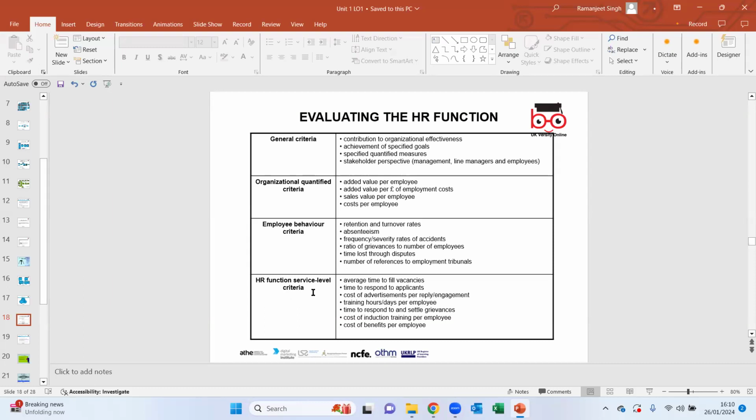And then they talk about the HR function's service level criteria. This explains how our resources for HR functions are used. For example, why do they say recruiting is so difficult? Because one vacancy probably takes 1 or 2 weeks to fill, and there's so much manpower required. If you post a job, there might be 50, 60 candidates.